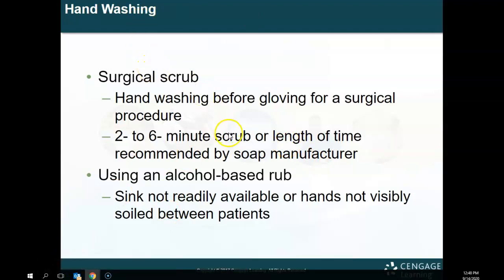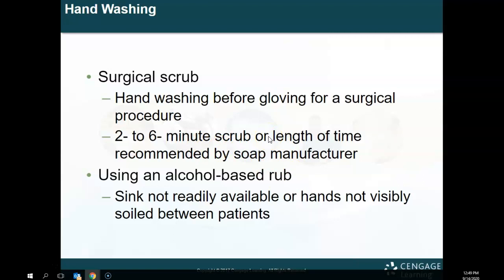Now, something else we will be talking about, but I don't teach because I don't teach surgical assisting to this level. We do learn it in senior year, but not to this degree. Surgical scrub hand washing is before gloving for a surgical procedure, and you scrub for 2 to 6 minutes. Average being 4 to 6. I would say 4 to 6 is more appropriate. You use a certain soap.